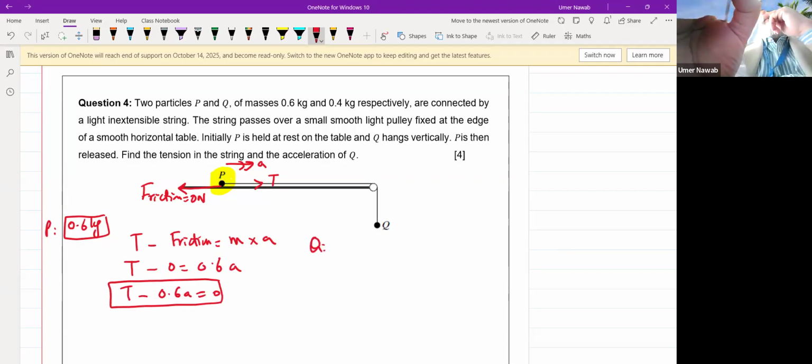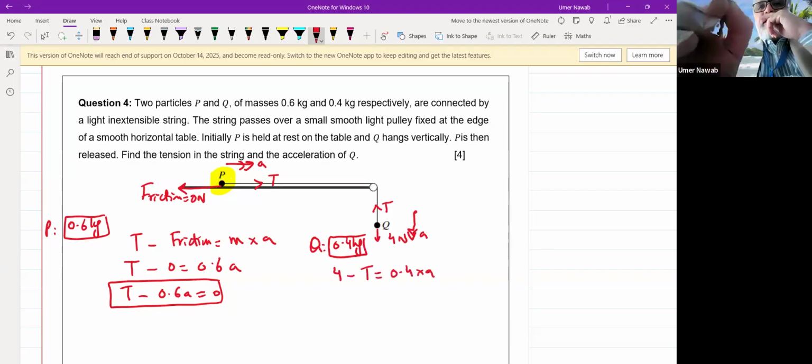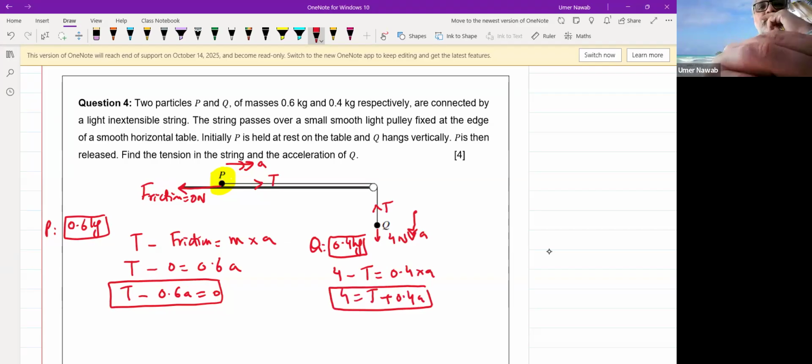Now particle Q, whose mass is 0.4 kg, hanging vertically downward, so 4 newtons downward, tension upward, but the acceleration is downward. So 4 minus T is equal to 0.4 times A. 4 is equal to T plus 0.4A. Now use simultaneous equations.